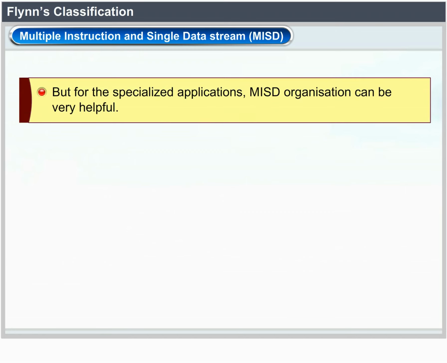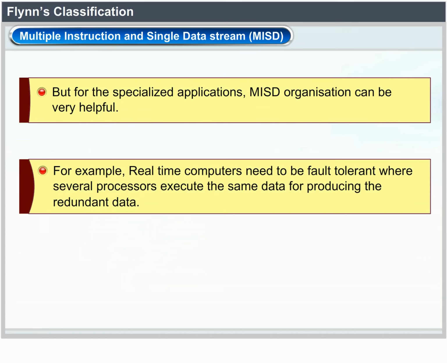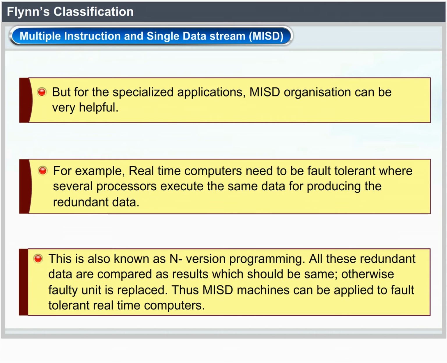For example, real-time computers need to be fault-tolerant where several processors execute the same data for producing the redundant data. This is also known as N-version programming. All these redundant data are compared as results which should be the same. Otherwise, the faulty unit is replaced. Thus, MISD machines can be applied to fault-tolerant real-time computers.